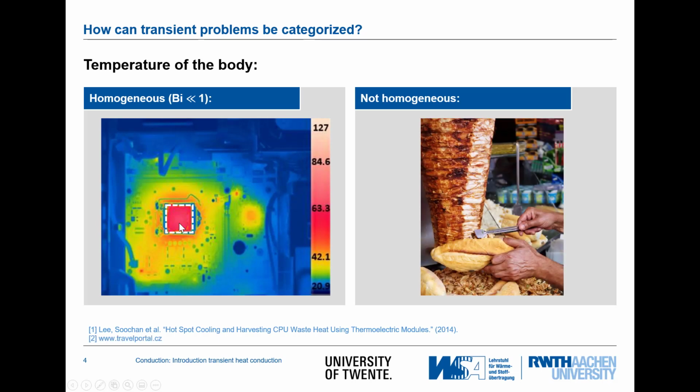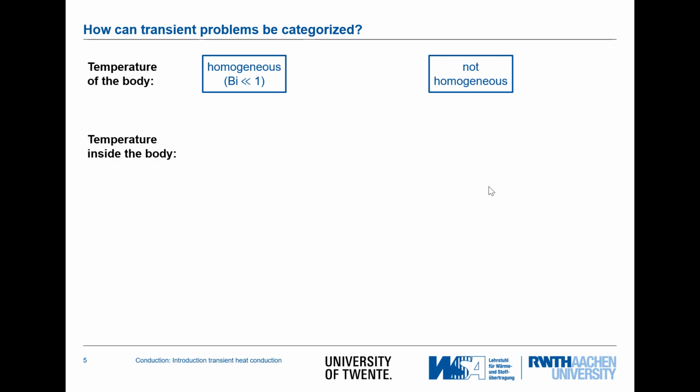On the other side, the temperature can be non-uniform, as seen here for the food case. So on the outer side of the doner, the temperature is high and we have like a burning of the material, but inside the temperature has not increased that much. So first, differentiation, temperature of the body, either homogeneous or non-homogeneous.